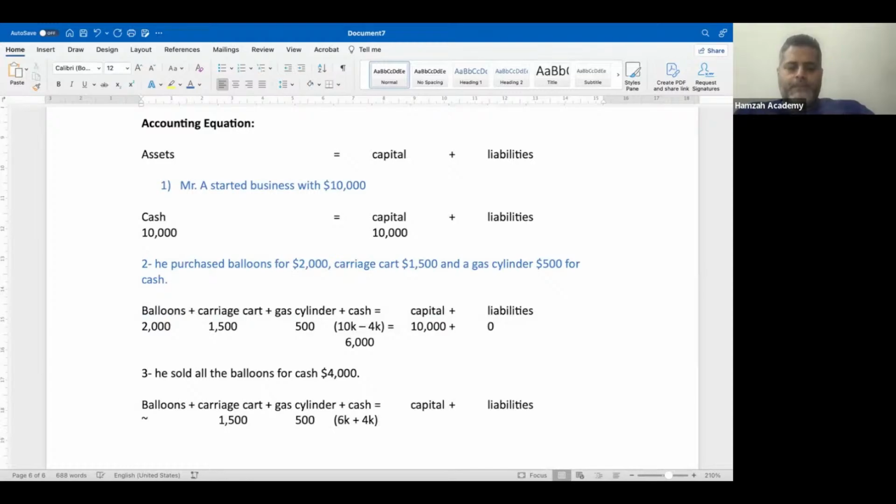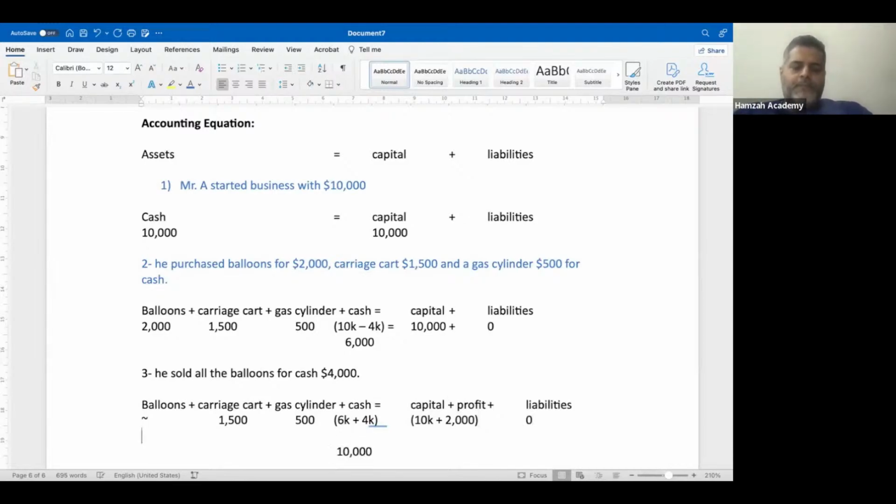That is going to be 12,000, is equal to capital, which was earlier 10,000, plus 2,000, the profit element, plus liability 0.